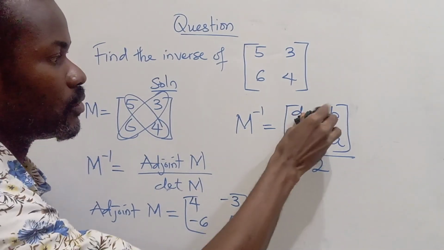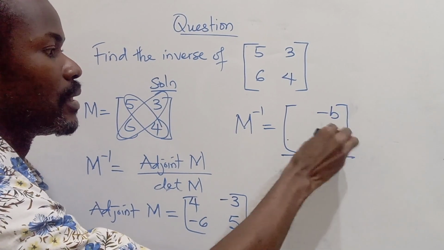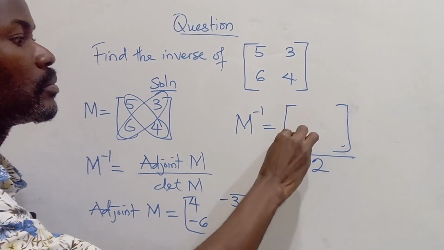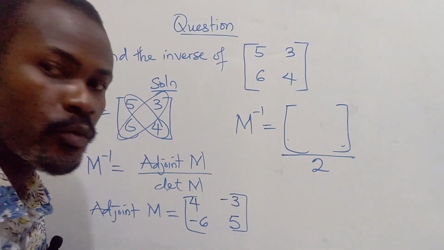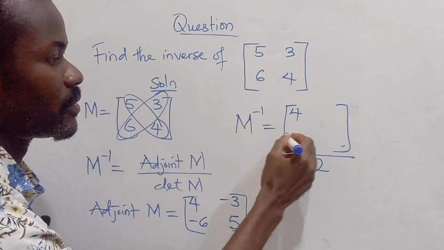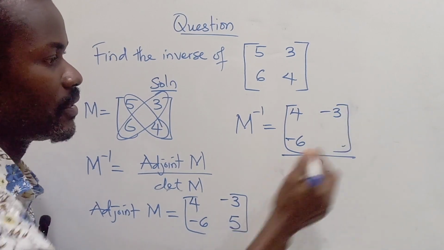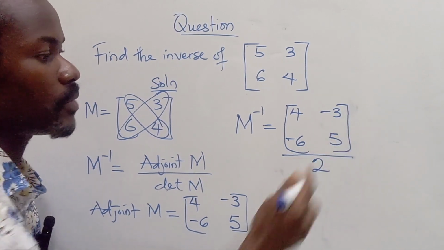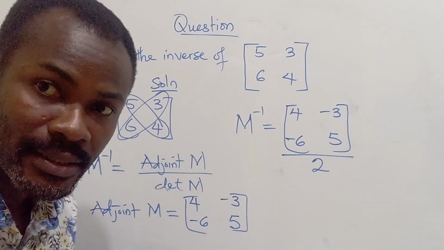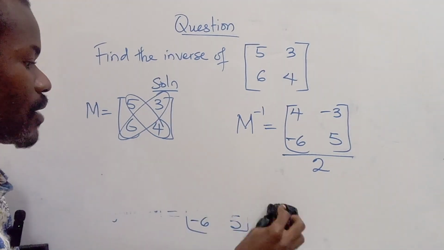So let me just rub these alphabets and replace them with numbers. So we are going to have 4, minus 6, minus 3, and 5. So now that we have gotten that, we can simplify further to get our solution.